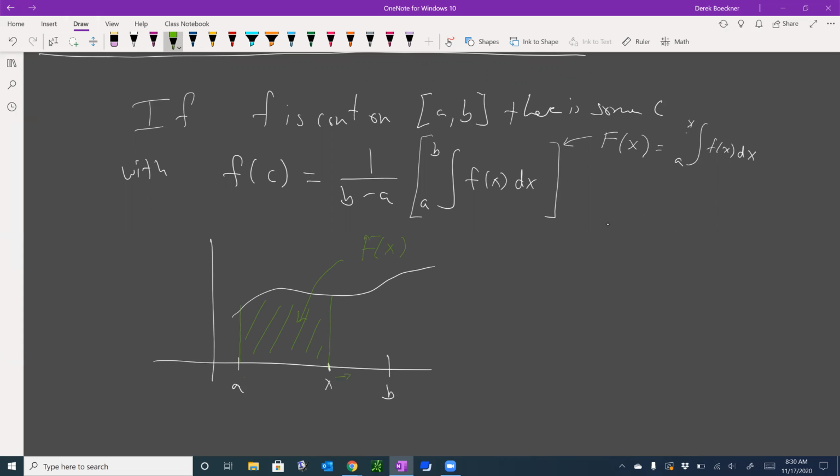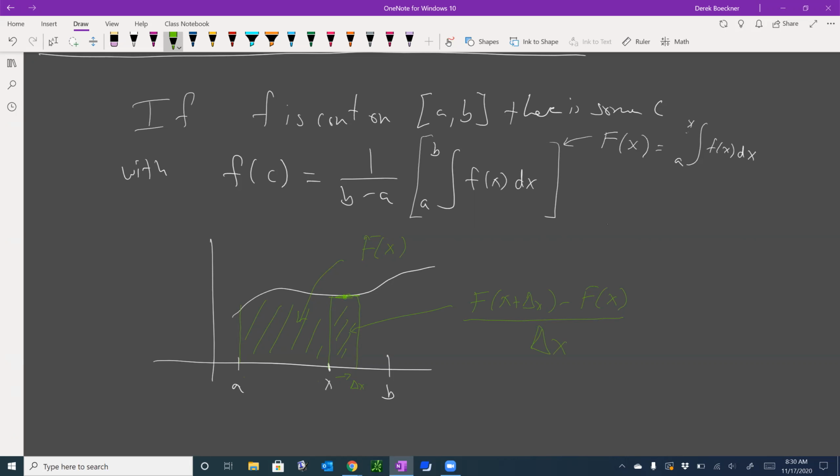So as I move X a little bit to the right, say delta X to the right, the area that gets added is F of x plus delta x minus F of x, right? And so the average value of what is added would be the height, basically, of this extra rectangle that gets added.